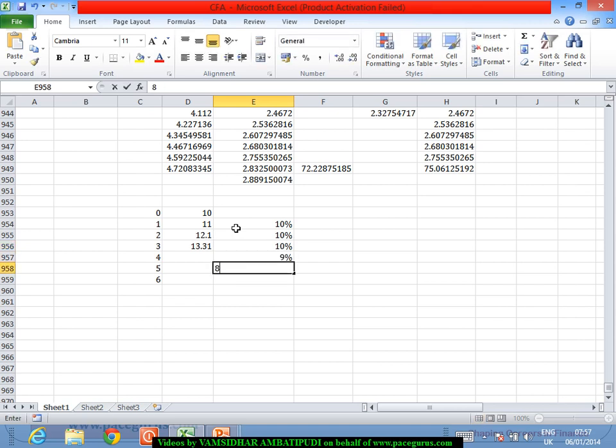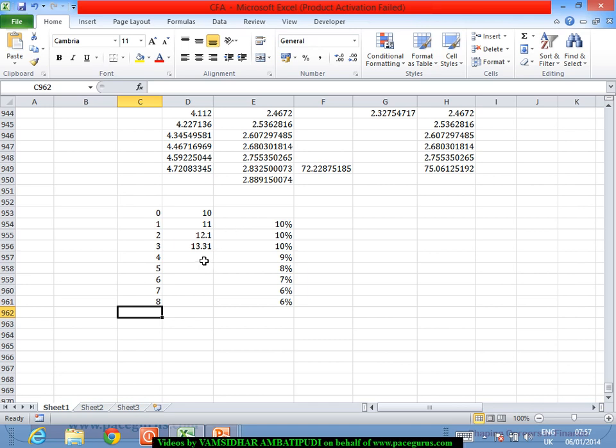This is the H model. I am assuming that the dividend growth is going to come down by 1% every year, and from the 7th year onwards it is going to grow at a stable rate of 6%. So over 4 years there is a constant drop.